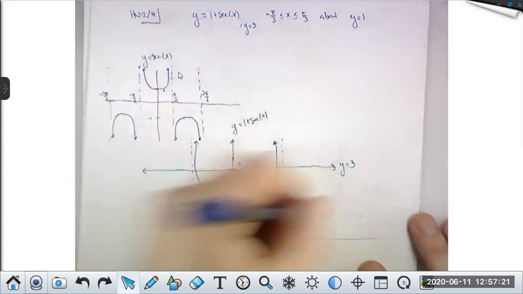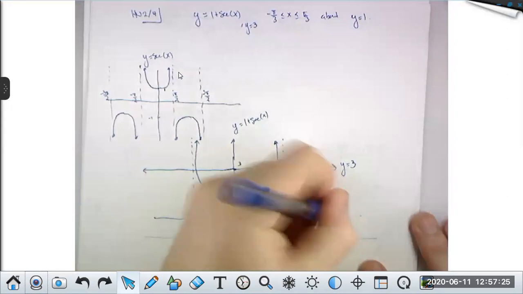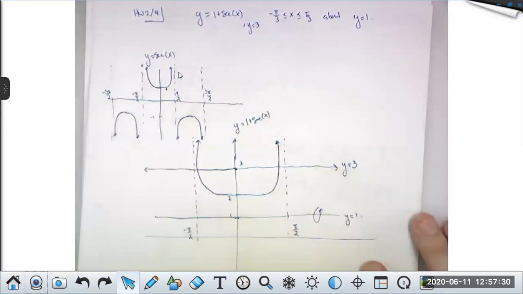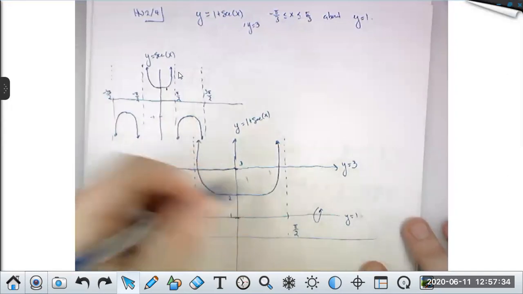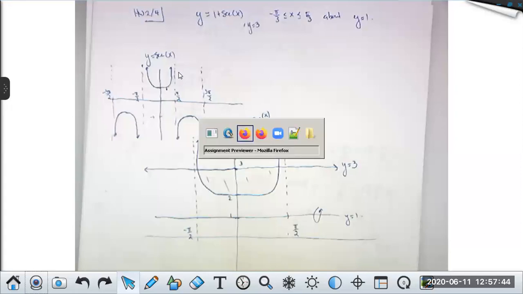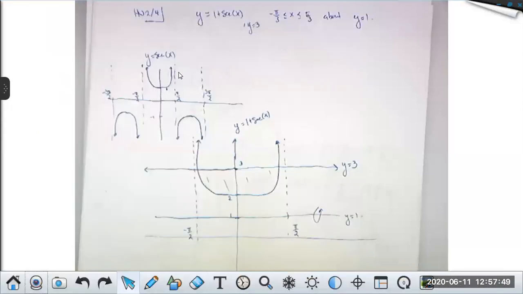They want us to rotate about the line y equals 1. So this is my region. Since this is coming from section 6.1, we have to use the disk washer method.